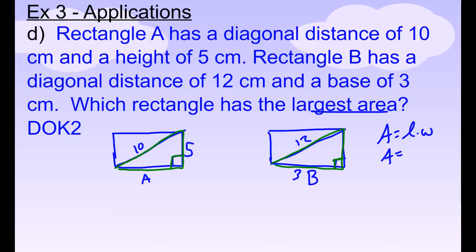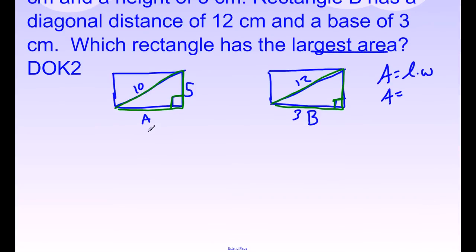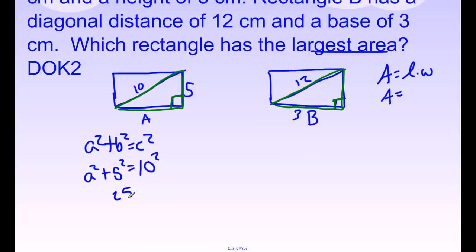So let's start with rectangle A. A squared plus B squared equals C squared. Hypotenuse is 10. The leg I know is 5. The leg I don't know, I'll leave as A. 25 plus A squared equals 100.